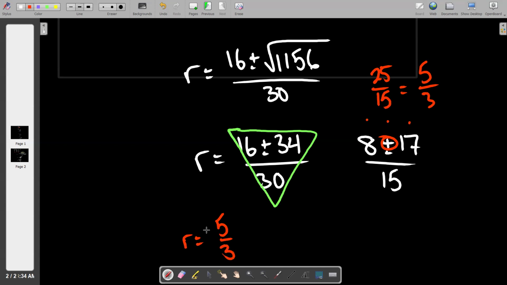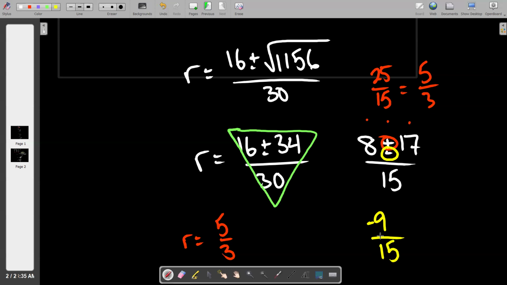Done, right? Now we reset and we trace the lower pathway, the low road. What is 8 minus 17? So your other answer is -9 over 15.